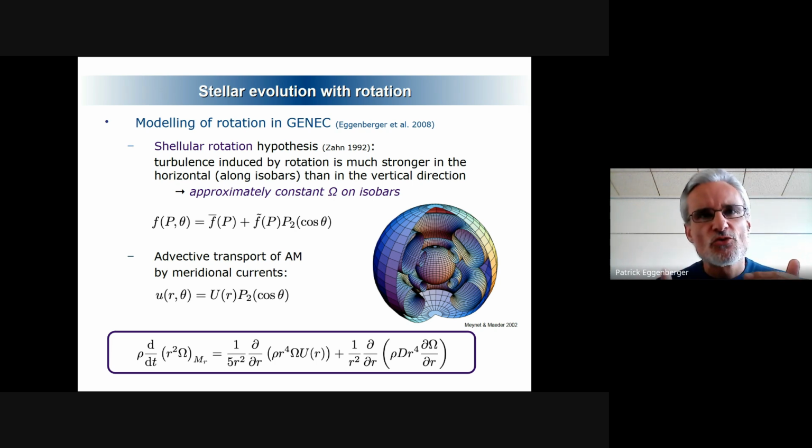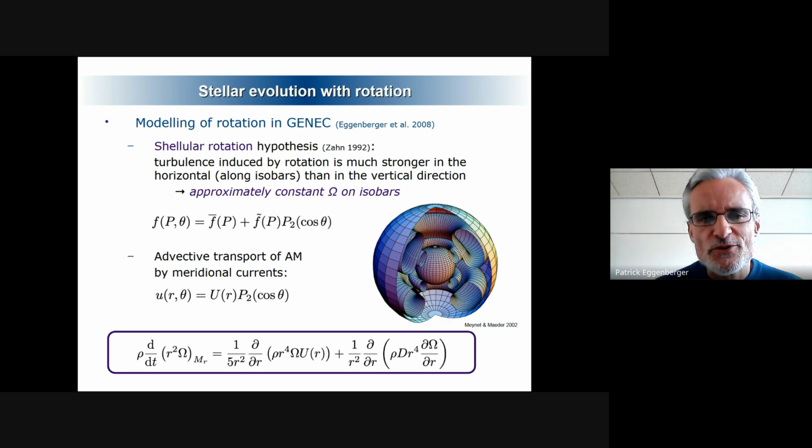This will create, if you want, differential rotation that will trigger some additional turbulence that is not present in non-rotating stars. So you have turbulence. And of course, due to the stratification, it will be more difficult to move cells, so chemical elements, vertically than horizontally.